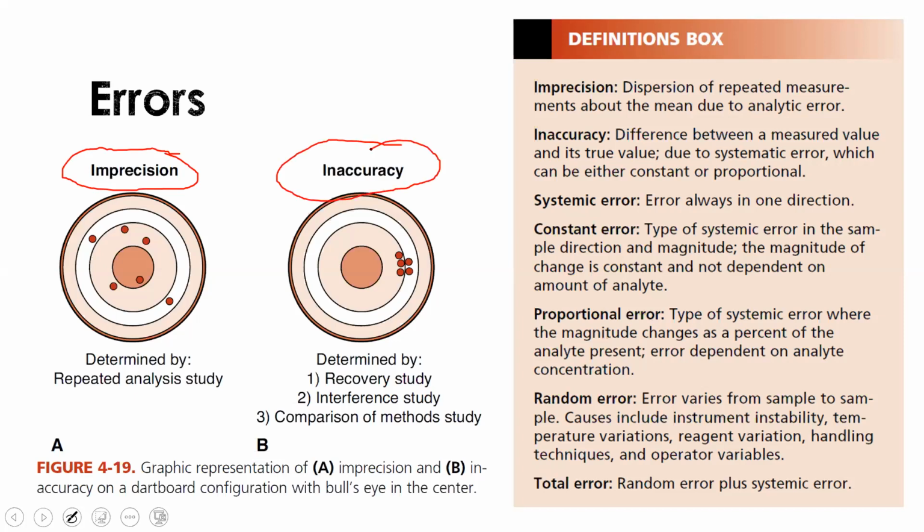So what are the errors in imprecision? What are the errors for precision? Imprecision is determined by repeated analysis. And then inaccuracy is determined by recovery study, interference study, and comparison of method. Mga kapatid, kung mapapansin nyo to, sabi niya study, study, study.